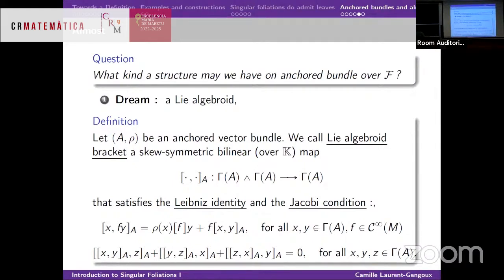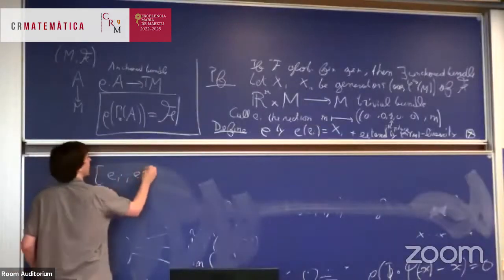Does it work? Well, no. Well, it seems to work, because look. How could I try to define the algebraic structure on this trivial bundle? Well, I have to define the bracket of two sections, e_i and e_j.